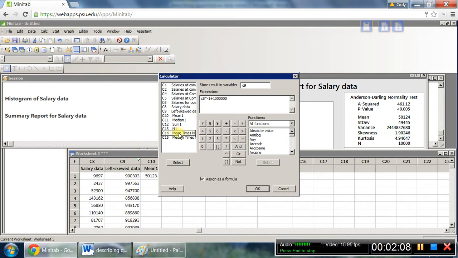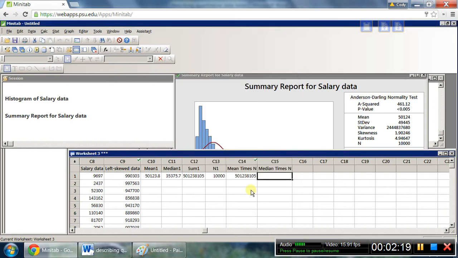So first, let's take a look at what happens when we multiply the mean by the sample size. We're using the asterisk here for multiplication, and lo and behold, this number, the mean times the sample size, is exactly the same as the sum.